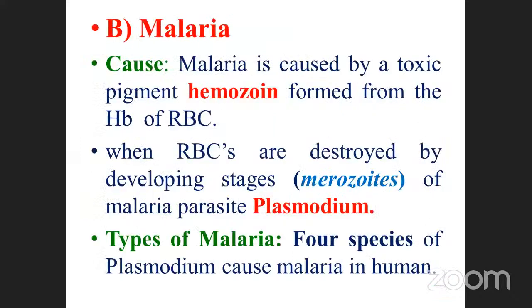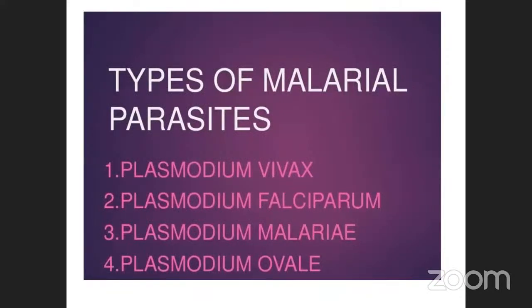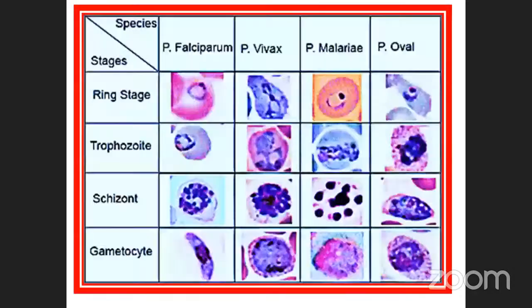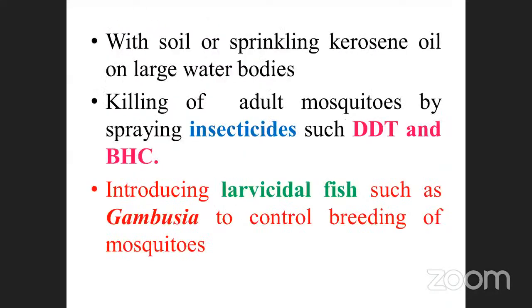And then, what about the types of malaria? There are 4 types that have been reported. How is it controlled? By sprinkling kerosene oil on large water bodies.